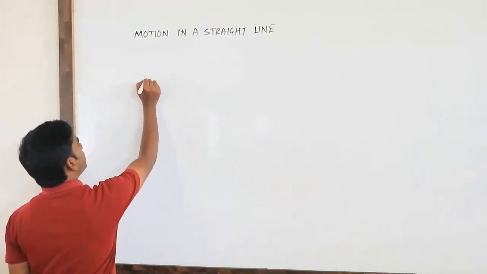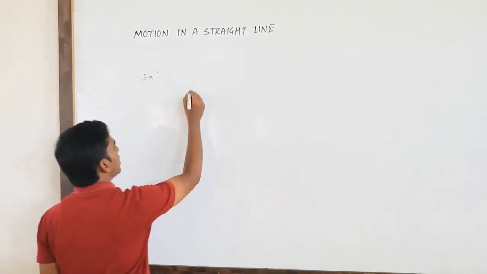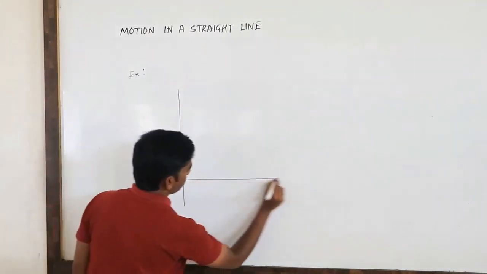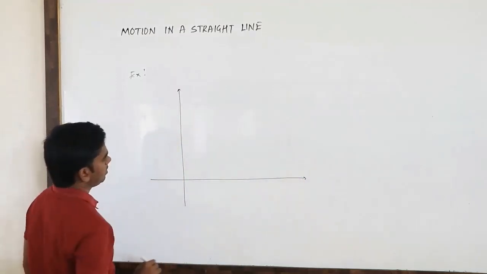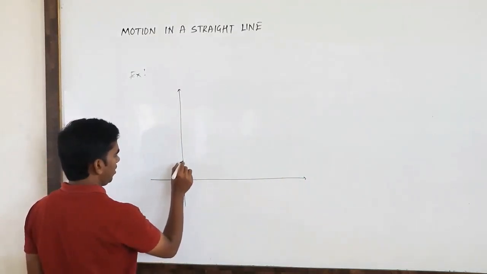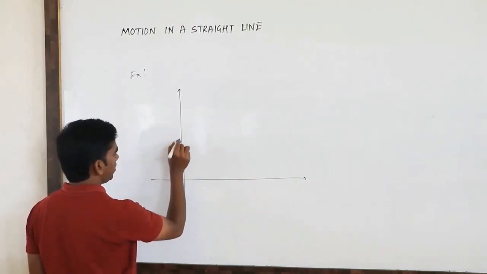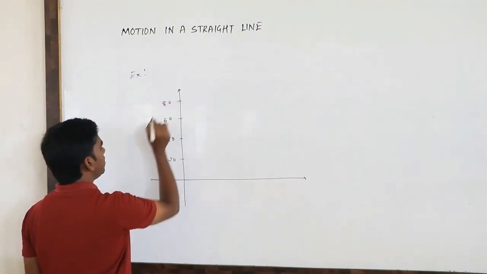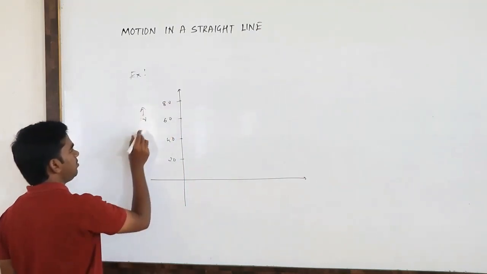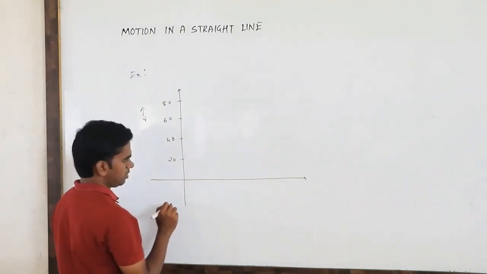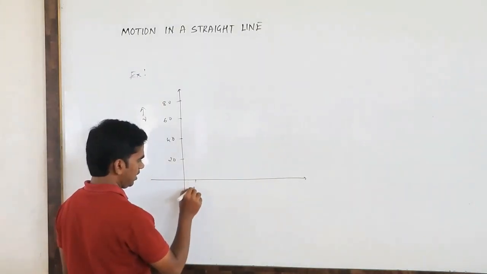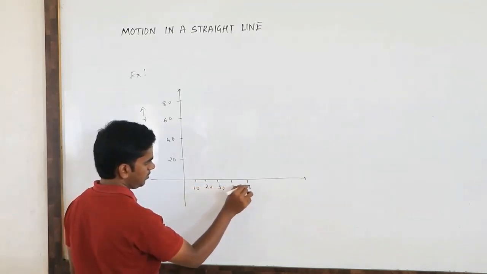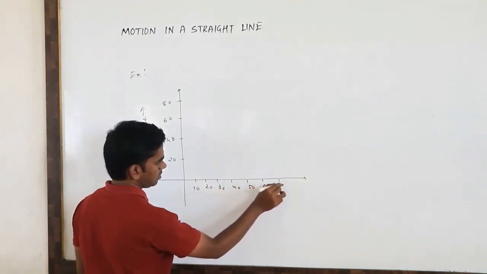Now we will take one example based on acceleration. We have the graph over here, so look at the graph properly. The graph is something like this. Here we have 20, 40, 60, 80 on the velocity axis in meters per second, and on the time axis 10, 20, 30, 40, 50, 60, 70, 80.